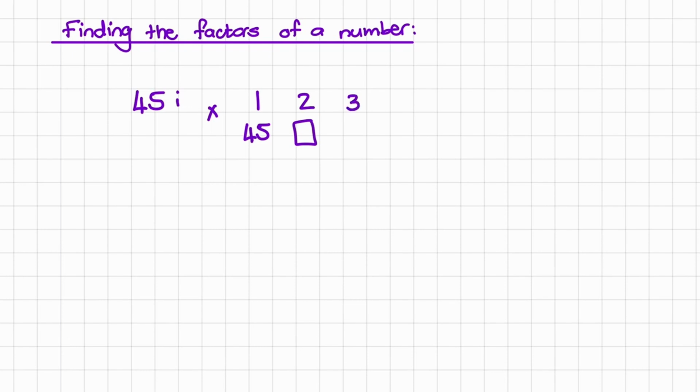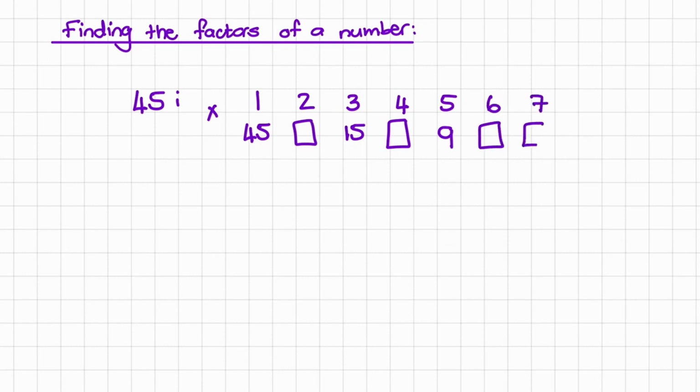Then 3 multiplied with 15 gives me 45. Then I move on to 4 and there's no number that I can multiply with 4 to get to 45. Then I move on to the next number, which is 5. And 5 times 9 will give me 45. Then I test 6, and there's no value that I can multiply with 6 that will give me 45.